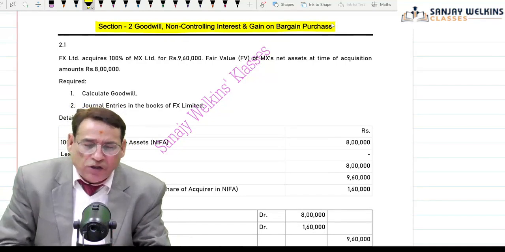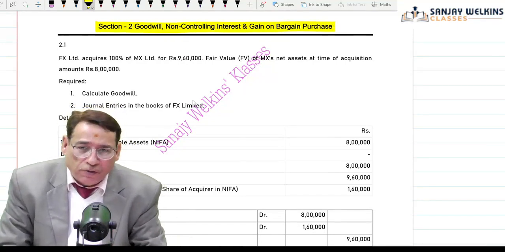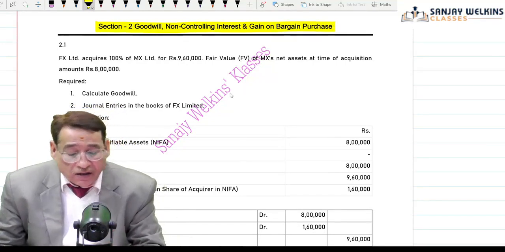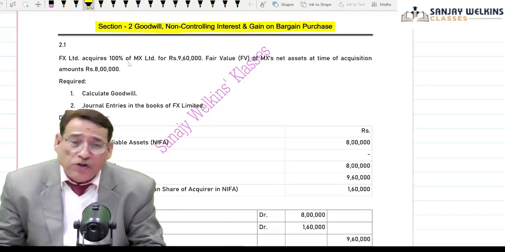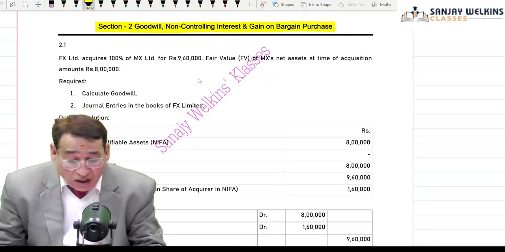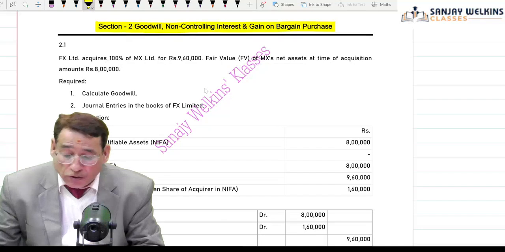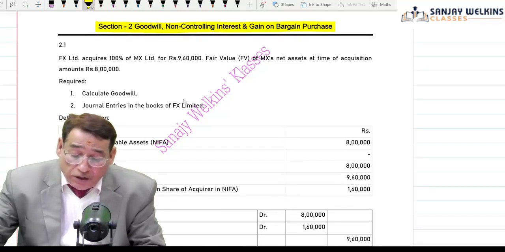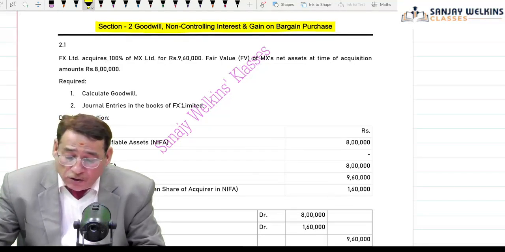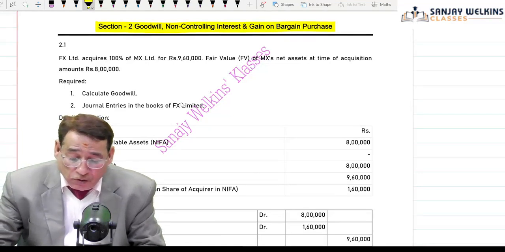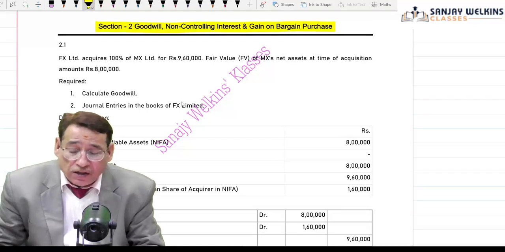But the point is that lots of questions in the examinations are asked from this particular topic, especially under the MCQ section. So you need to be very proficient with respect to such questions. So we start with 2.1. I know that you are in a position to manage this question on your own, but still I would love you to pay attention, correct?